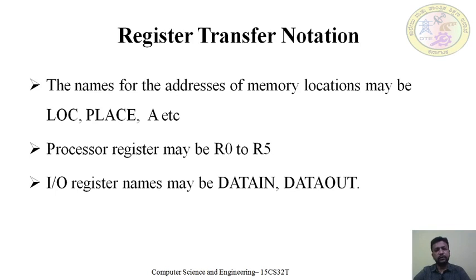So the names for the address of memory locations may be LOC, place A, etc. So memory can have different locations, and locations may be named LOC, place A, it can be anything. Similarly, the processor registers may be R0, R1, R2, R3, R4 or R5.